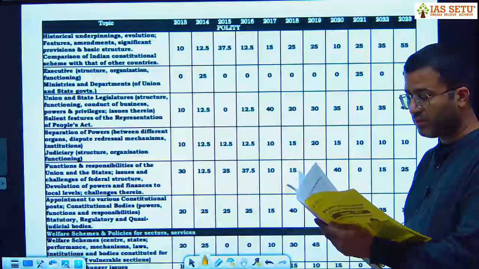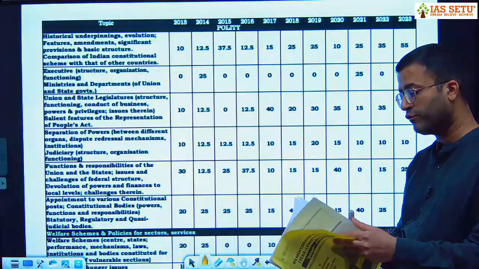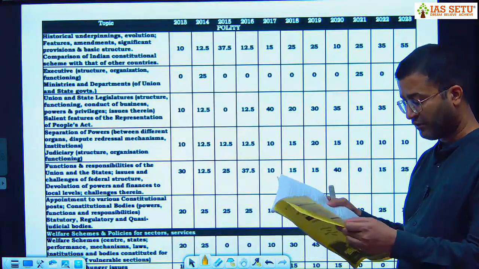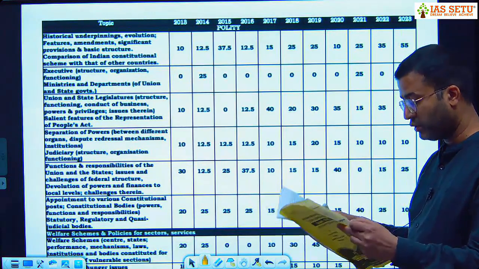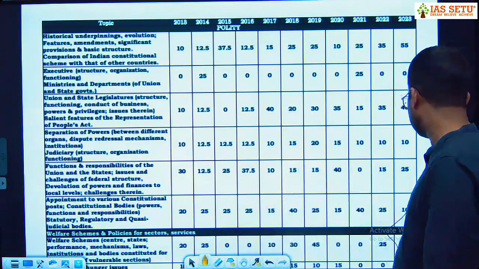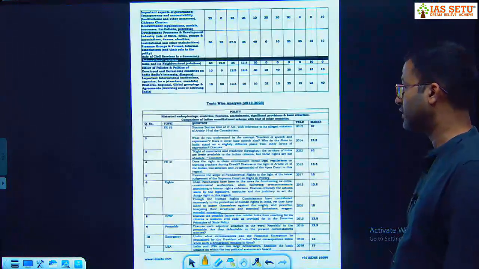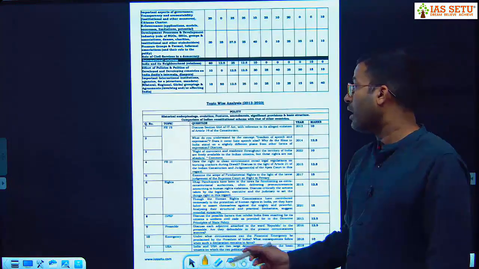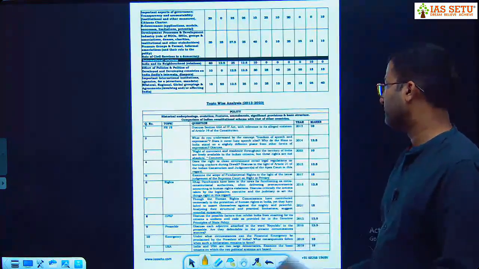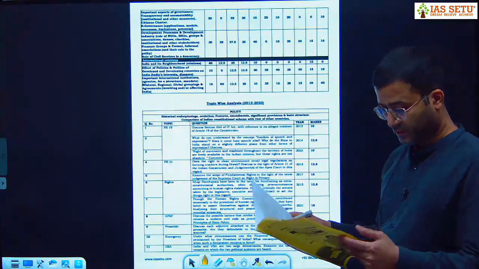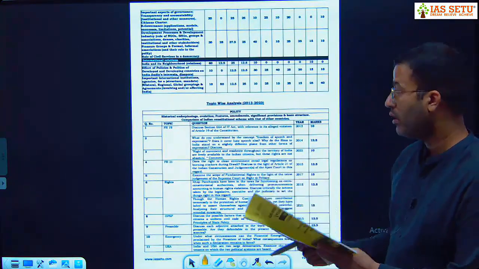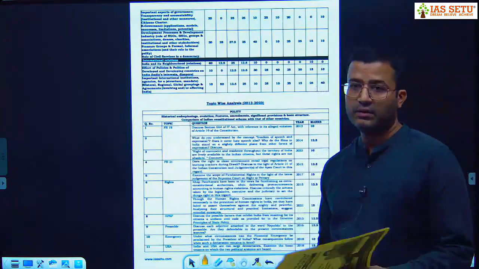When you are planning to cover Paper 2 of your GS, you can keep this booklet with you, because it will help you with an analysis of previous year questions. After that, topic-wise: fundamental rights.